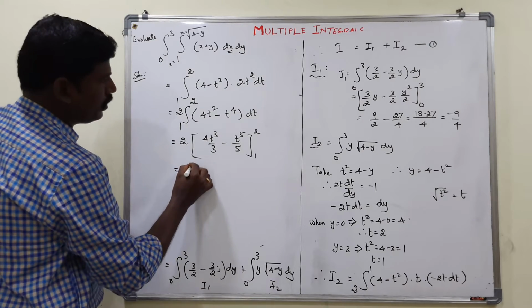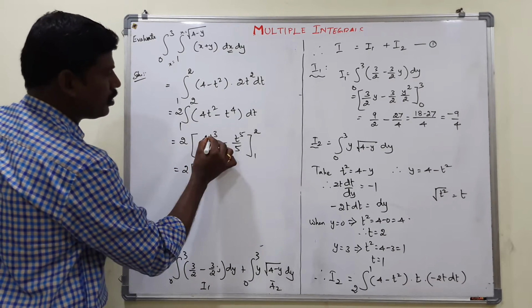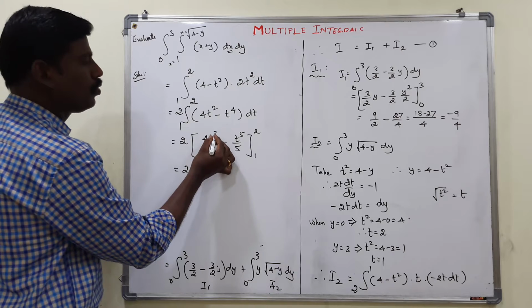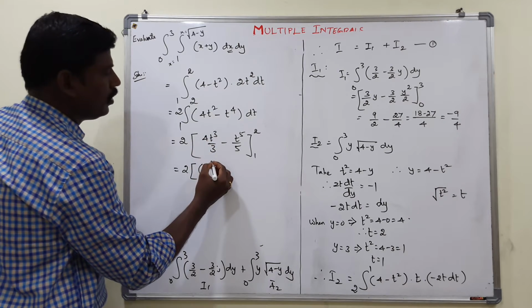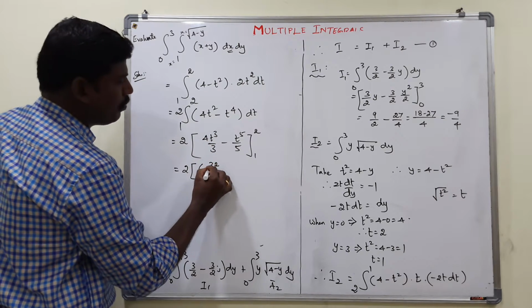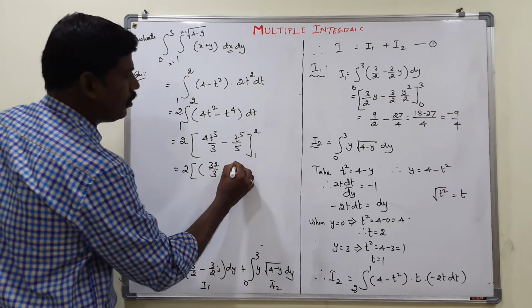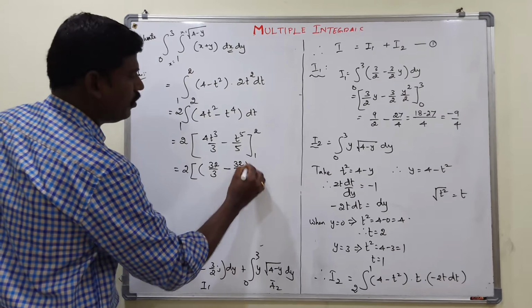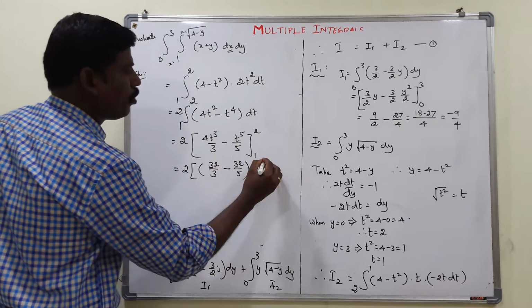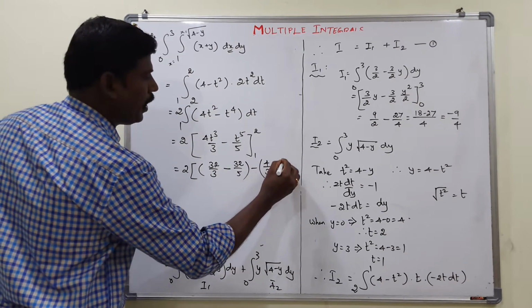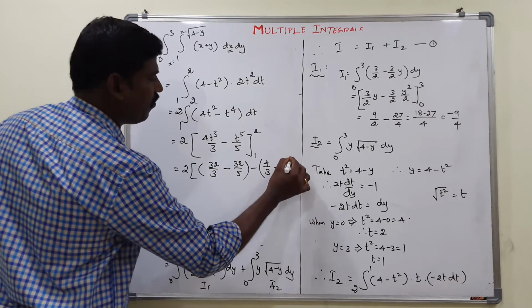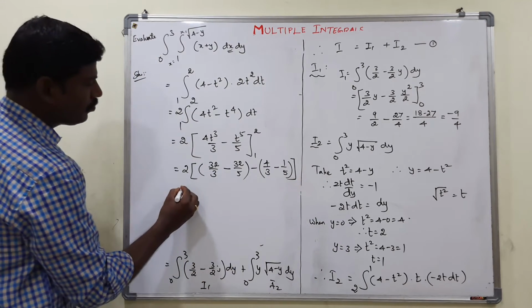So 2 into, what is the upper limit? Substitute 2. So 2 cube is 8, 8 4s are 32. So 32 by 3 minus here 2 to the power 5 is 32, 32 by 5. This is for the upper limit, minus lower limit 4 by 3 minus 1 by 5. That's all.